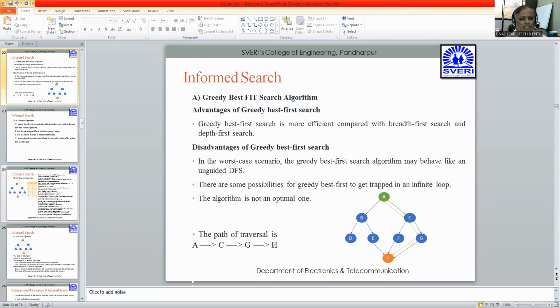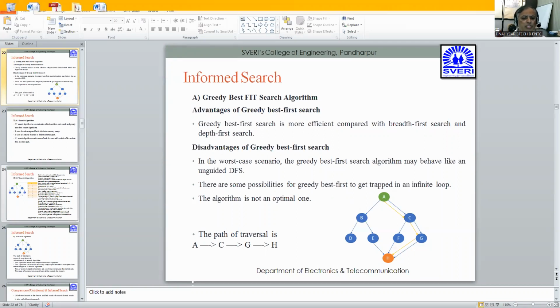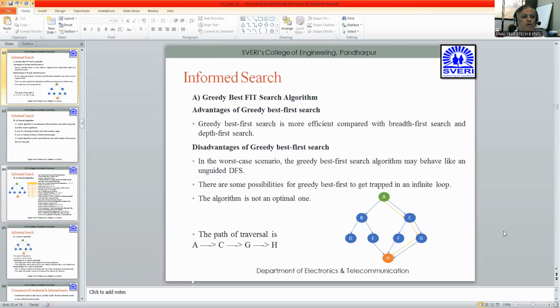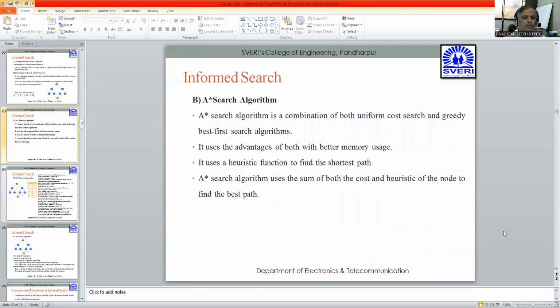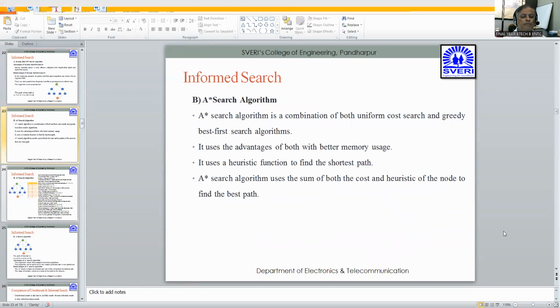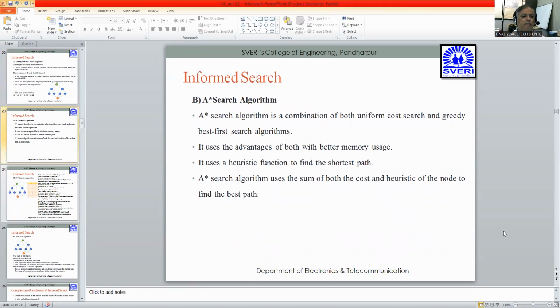This is the disadvantage. So we have already discussed the path of the traversal, that is A, C, G and H. So this is the first one, called the greedy best first search algorithm. Now the second one is the A star search algorithm. It is the combination of both uniform cost search and greedy best first search algorithm.